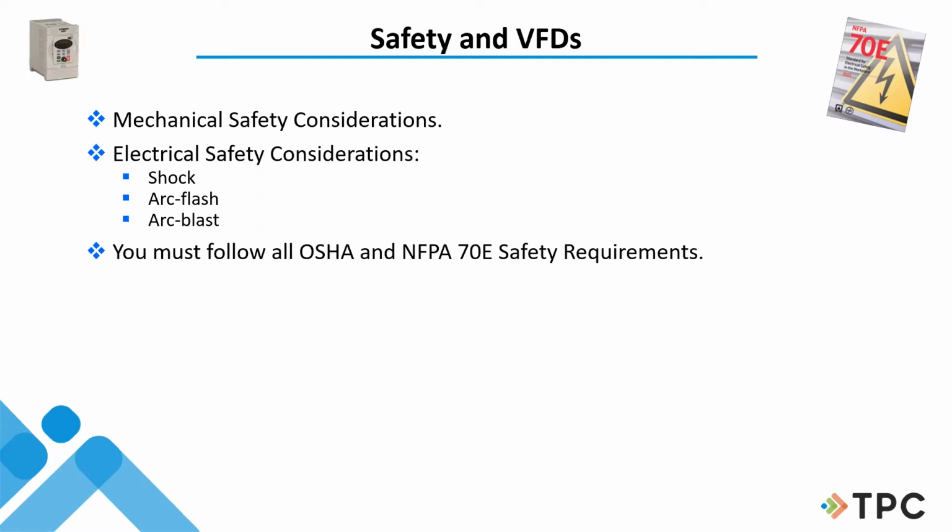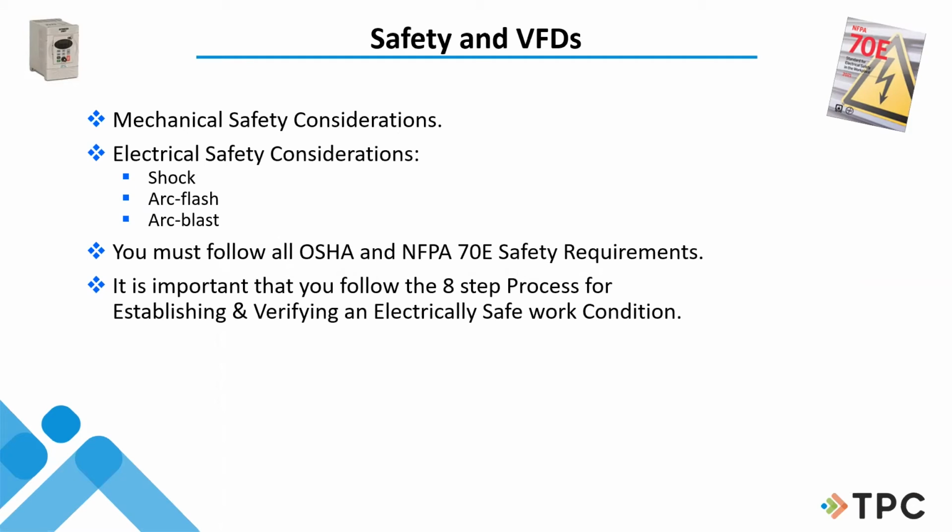As I said, OSHA tells us to be safe, and 70E gives us the standard on how we can go about accomplishing that task. So whatever we're working on, it's important that we follow the 8 steps process for establishing and verifying an electrical safe work condition.